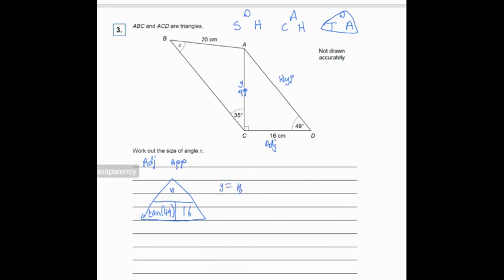16. I don't know why I wrote it like that. Let's write it the other way. Tan 49, and it's important to use the brackets, guys. Close that bracket off, times 16. Okay. Let's just work out what that is. Tan of 49 times 16. Okay.